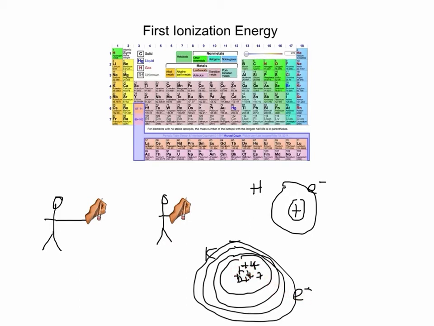The atomic radius of potassium is much, much bigger than the atomic radius of hydrogen. Therefore, the nucleus cannot hold on to the electron as strongly as it does when the electron is much closer to the nucleus. And this is going to lead to our trend. So we can actually use the periodic trend of atomic radius to help explain the trends for ionization energy.